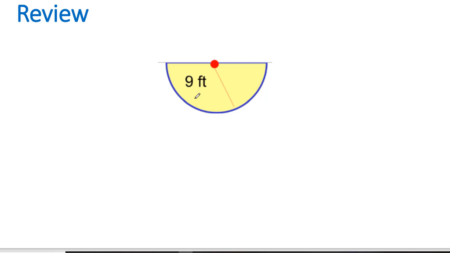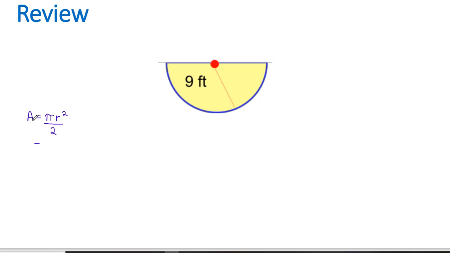For partial shapes, you need to be really careful and read the question carefully for what they require. First, I'm going to show you the area here. So if we want to get the area of a half circle, we're going to cut our formula in half. So we're going to use pi r squared, but then we're going to divide our answer by 2 because we only have half a circle.